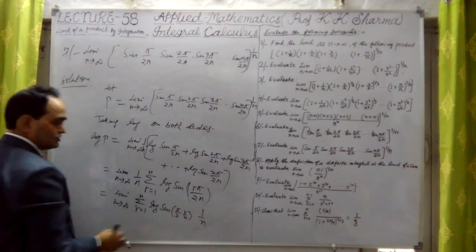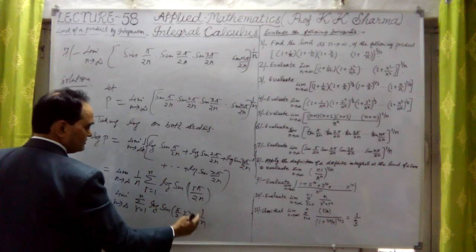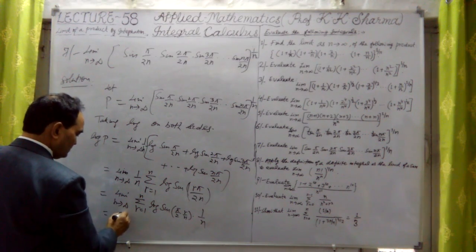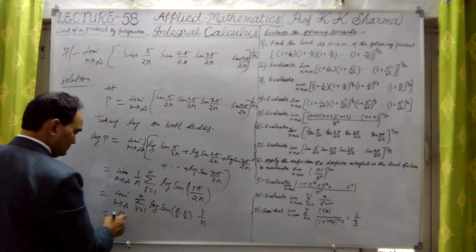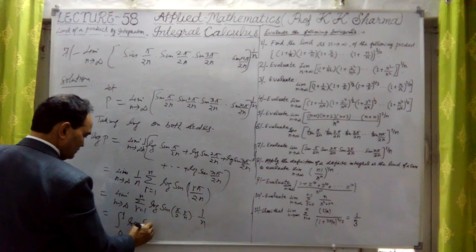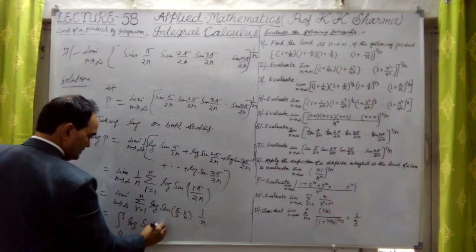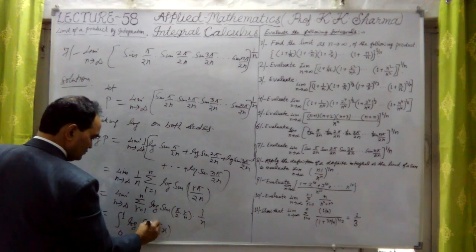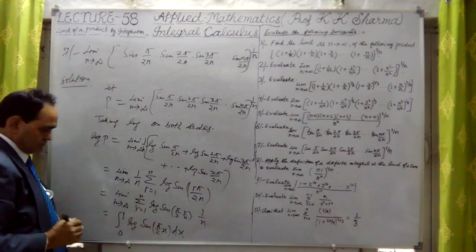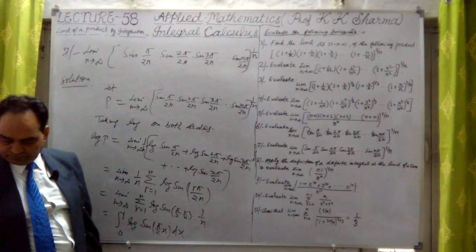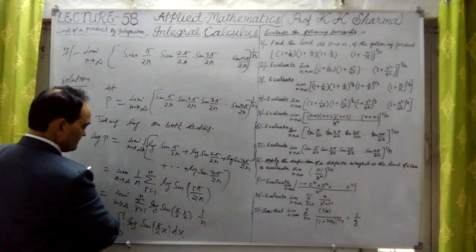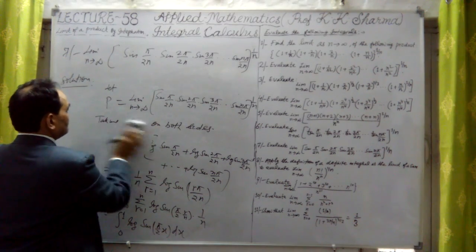In the last I put 1 upon n so that it can be considered dx. It can be converted into a definite integral with limits 0 to 1: the integral of log of sine of pi by 2 into x, dx.